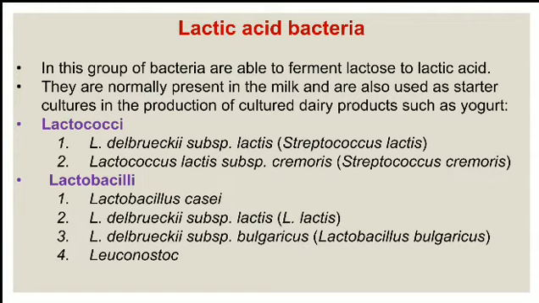Then second is Lactococcus lactis subspecies cremoris, that is Streptococcus cremoris. The next is the lactobacilli. Examples of lactobacilli are Lactobacillus casei, Lactobacillus delbrueckii subspecies lactis, then Lactobacillus bulgaricus and Leuconostoc. These are the examples of lactic acid bacteria.